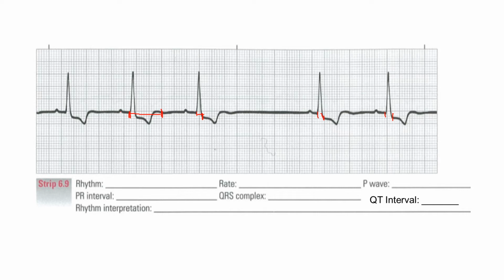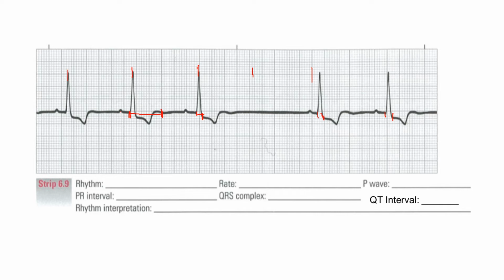You would determine that when you take your calipers and do your R to R's, determine the regularity, and basically determine where the next one would be and whether this one came in on time or not. It does not come in on time, so therefore it is a sinus arrest. If it did come back on time, then it would be a sinus exit block.